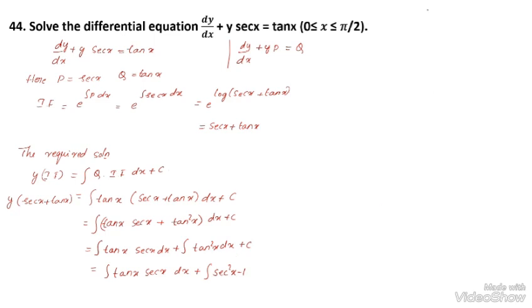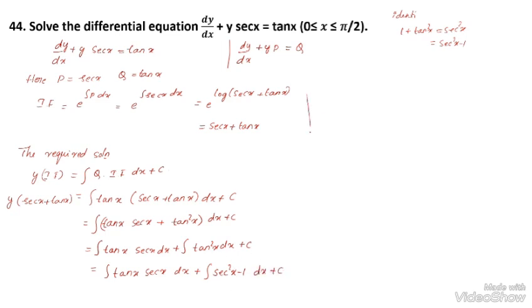The formula is taken from the identities of trigonometry, that is 1 plus tan square x equals sec square x. Now I can replace tan square x by sec square x minus 1 into dx plus some constant c.